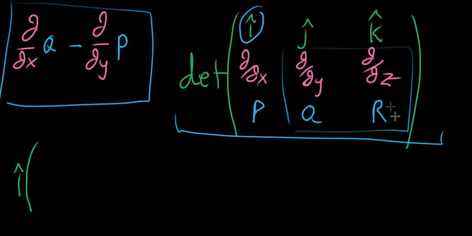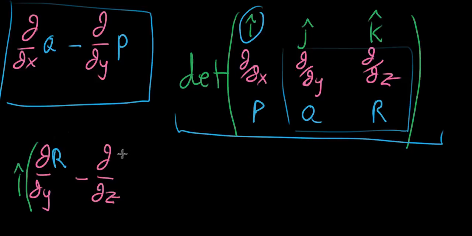This subdeterminant involves multiplying partial y by R, which means taking the partial derivative with respect to y of the multivariable function R, and then subtracting off the partial derivative with respect to z of the multivariable function Q. So that's the first thing we do.